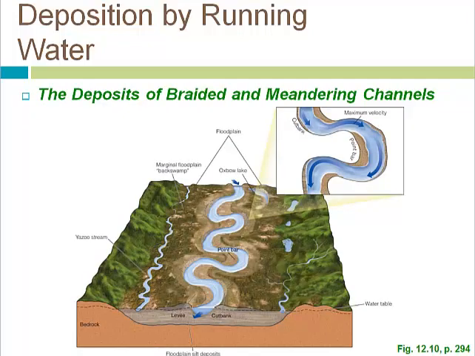So continuing with the idea of a braided stream, this is from your book, Braided and Meandering Channels. You have suspended load that is carried in one continuous channel. Here we have a Yazoo stream along the side, but let's just look at this main channel.